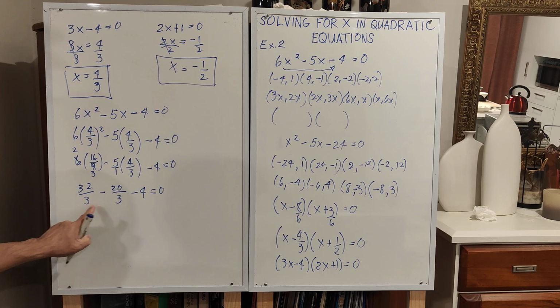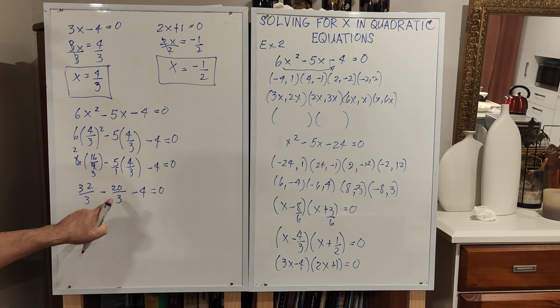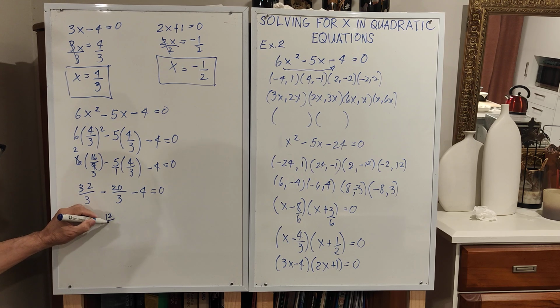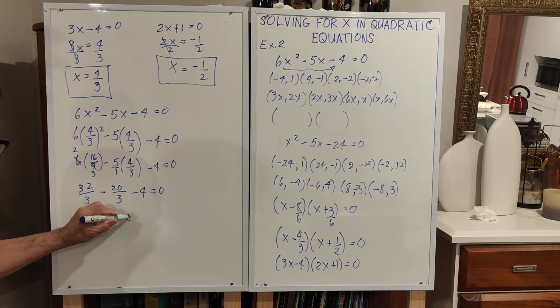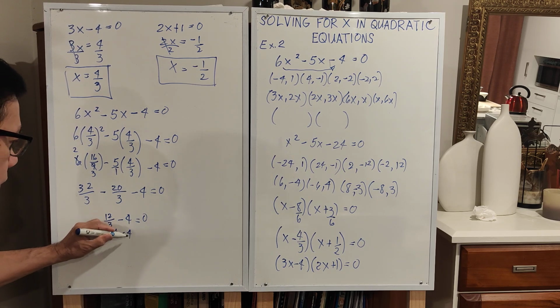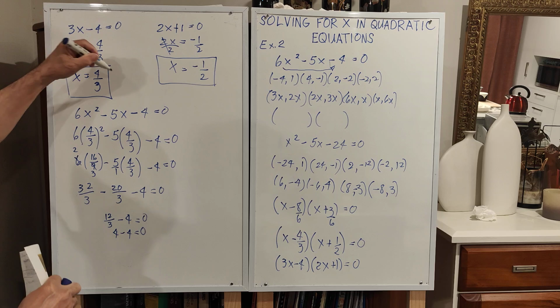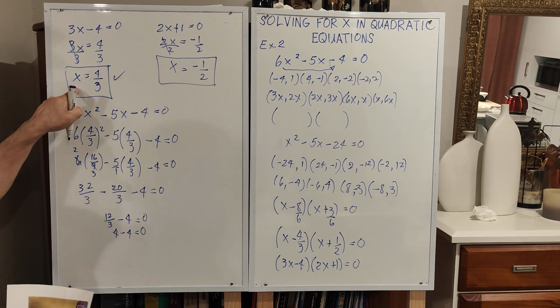So they have the same denominator. We can subtract this one. 32 over 3 minus 20 over 3 becomes 12 over 3 minus 4 is equal to 0. 12 divided by 3 is 4. So 4 minus 4 is equal to 0. So this is correct. This is your first answer is correct.